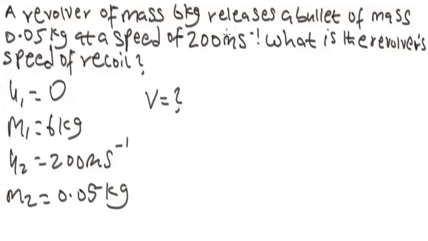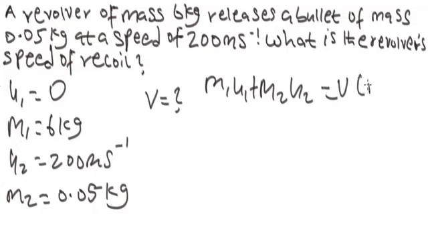Now we're going to apply this perfectly inelastic collision formula: m1 u1 plus m2 u2 equals v in brackets m1 plus m2.